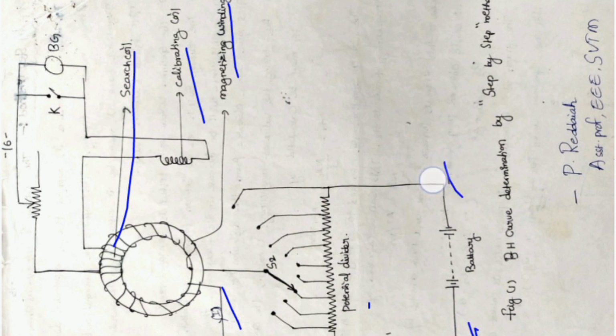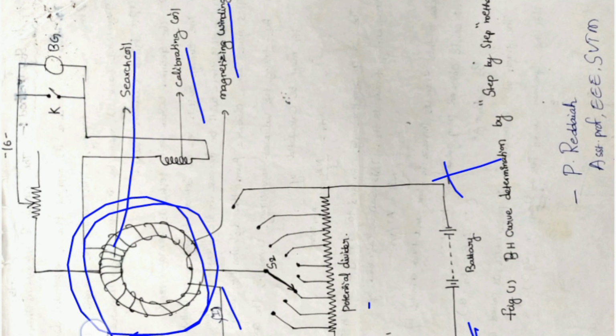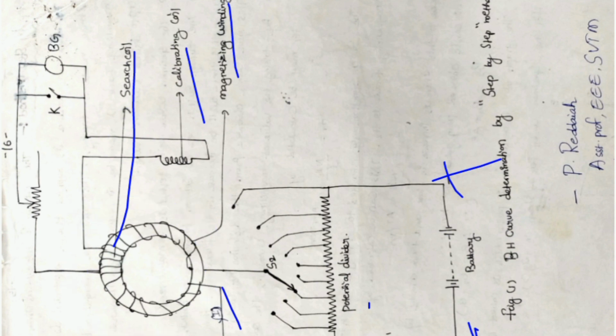Then the current will flow in the opposite direction, and it will completely demagnetize. When the current flows in a different direction, the magnetic field direction will be opposite to the previous one, hence it nullifies the previous magnetic field. Before conducting the test on the magnetic material, it should be ensured that the magnetic flux inside is nullified.